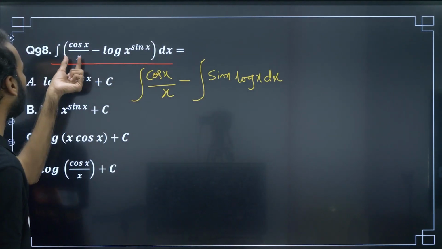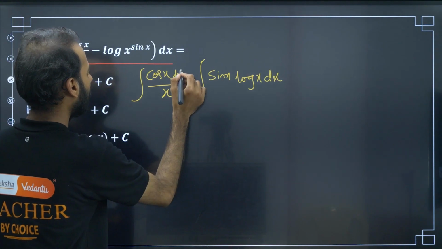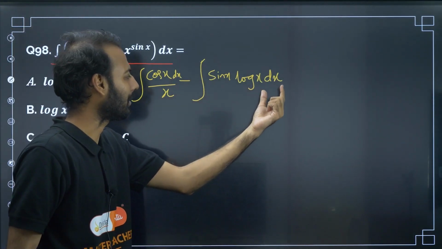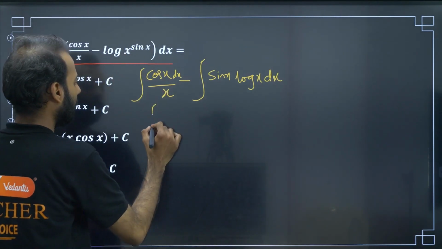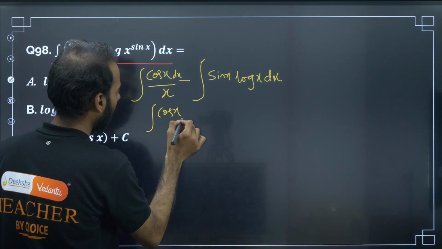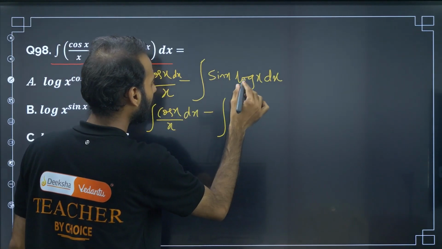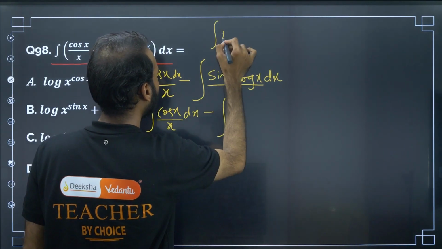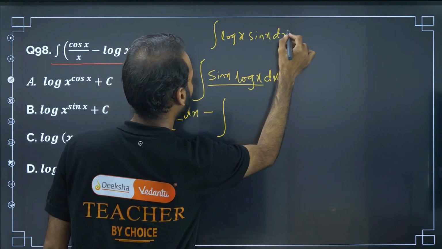See here, first I am applying integration to this minus integration. dx, here also if you write dx, it is up to you. If you don't, CET, who will see all these things? They are just interested only in answer. So let me keep this as it is, cos x by x dx minus, and now let me write this as log x sin x dx.